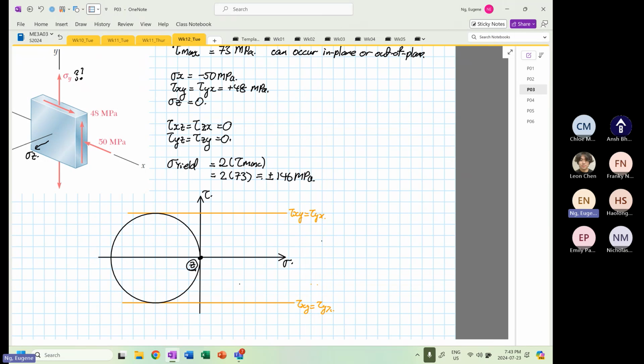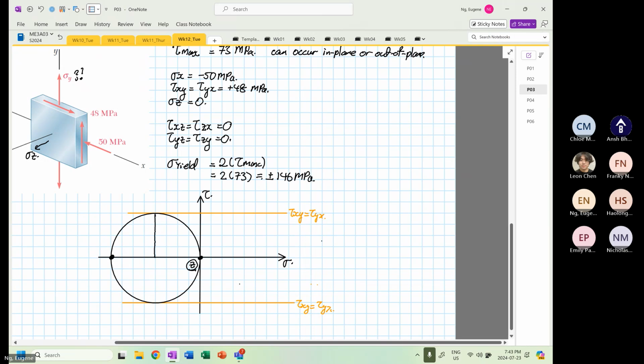If we look at this point over here, what's the amplitude? From here to here, this is equal to 73. So that's the radius.